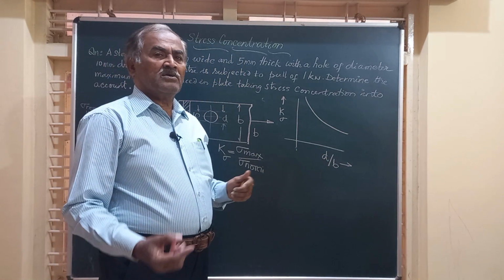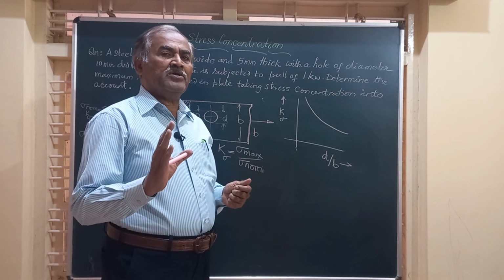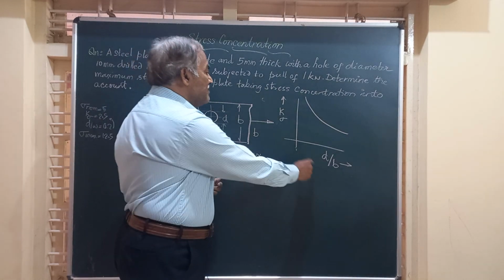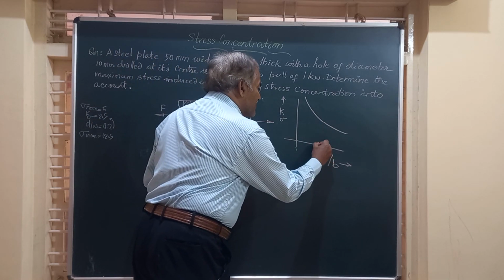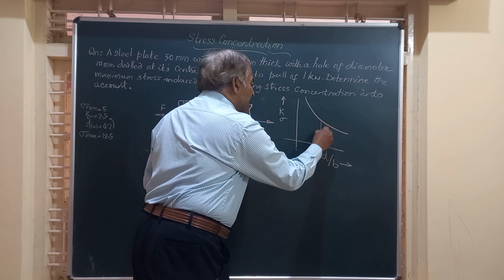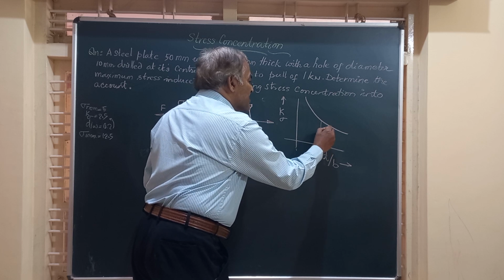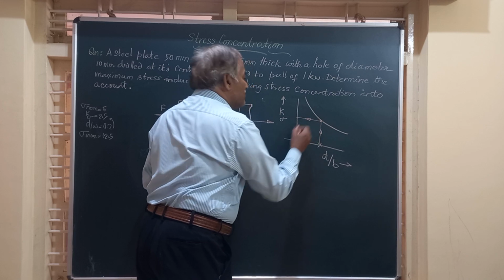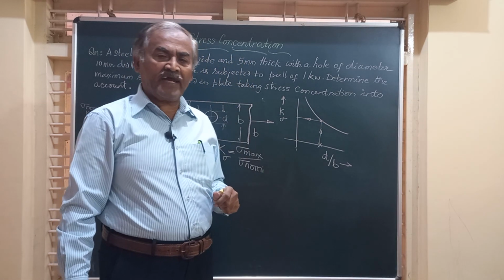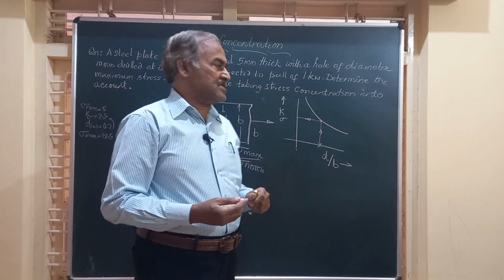So friends, for the given plate, if you are able to find out what is d by b ratio, at that value of d by b, you can write a vertical line to touch this curve here and read the value of K sigma, the stress concentration factor on the y-axis.